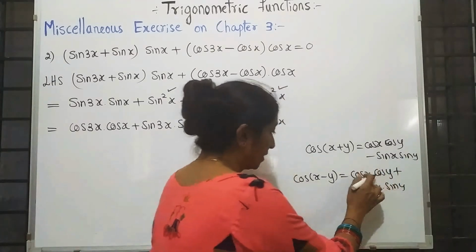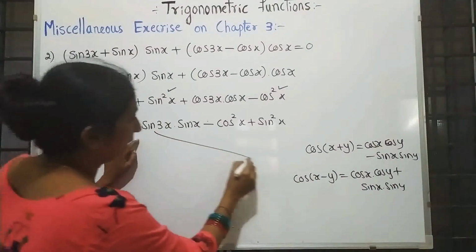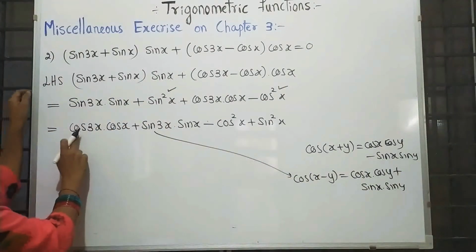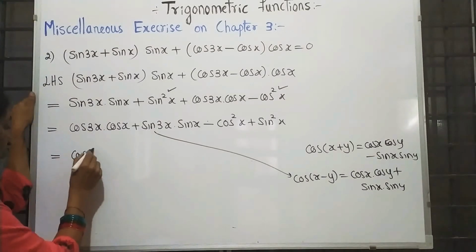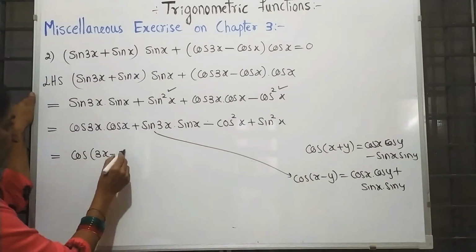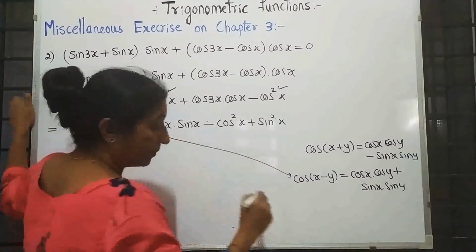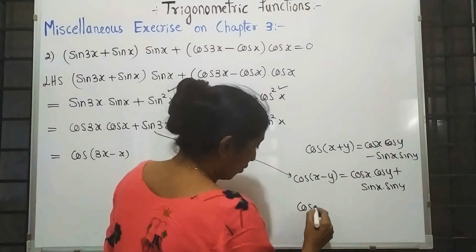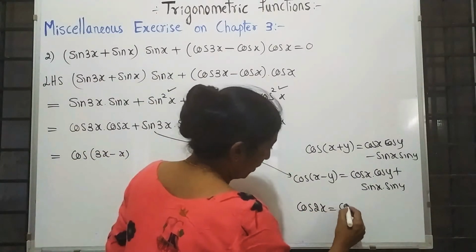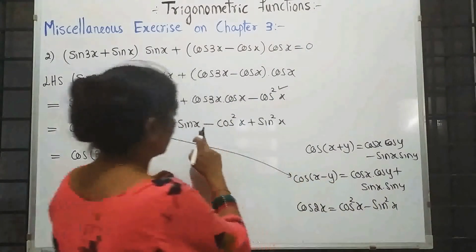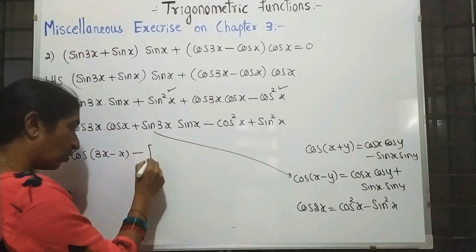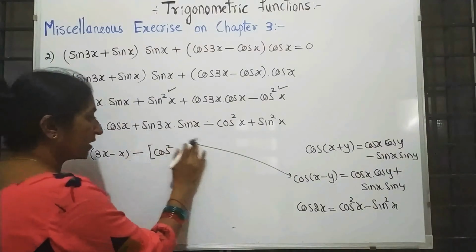This formula is exactly in this form. Cos x into cos y plus sin x into sin y, that is cos of 3x minus x. And here multiples and submultiples. For cos 2x we have a formula cos square x minus sin square x, but it is reversed.